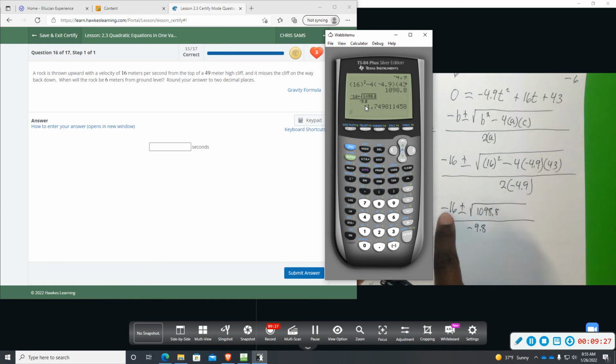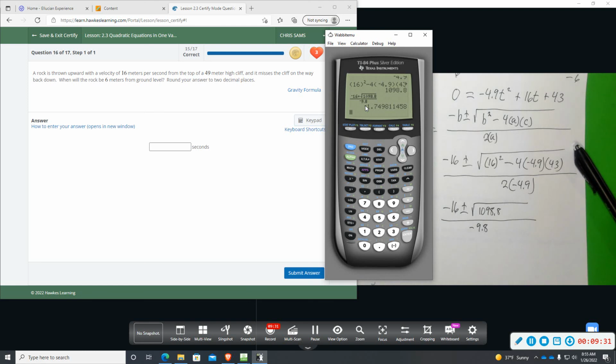So now I'm going to do negative 16 minus and figure out what we get there. So again, what I like about this calculator, I don't have to type all this in again. I can do second and then enter, and it will bring everything back up. And the only thing I'm going to be changing is the minus sign. So I'm going to arrow back through this problem, and when I get to the plus symbol, I'm going to type over it and replace it with the minus.